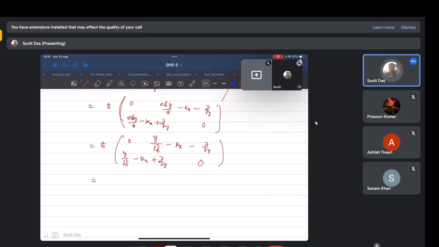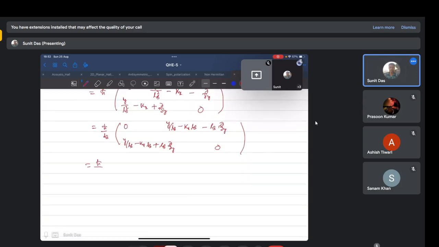And I need y by lB. So if I take another lB common: h bar by lB, 0, y by lB minus kx lB minus lB del y, y by lB minus kx lB plus lB del y, 0.